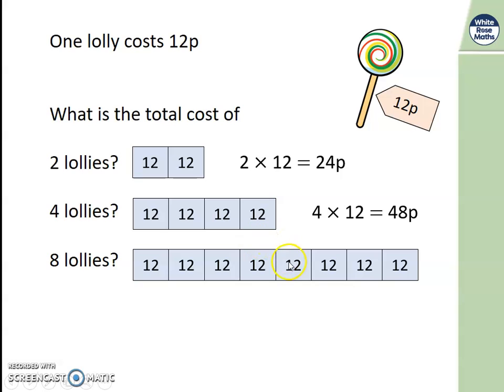We can add it up. We can use our times table knowledge, so we can say, well, I know that 10 times 8 is 80, and I know that 2 times 8 is 16, and add them together. Or you could use the doubling method that we've just talked about. So 8 times 12 equals 96. There are lots of different ways and methods that you can use. Just focus on something that works best for you.